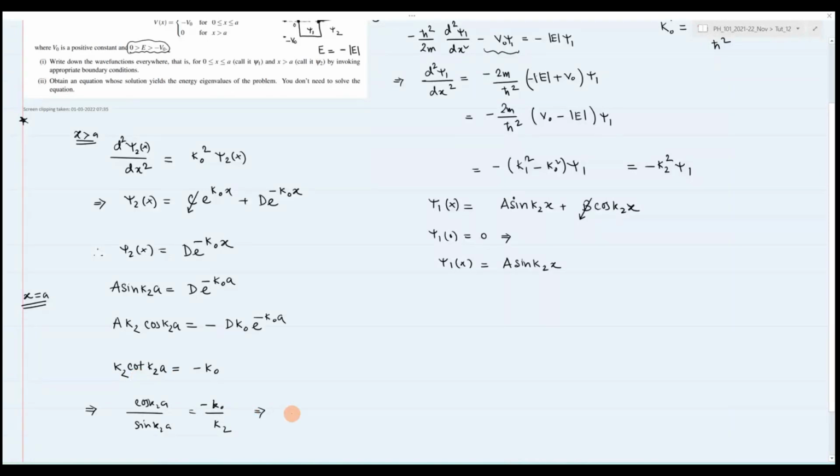So let me find k2 sin k2a. So it will become 1 by sin k2a equal to, I am taking square from this and adding, so it will become root over k0 square plus k2 square by k2.